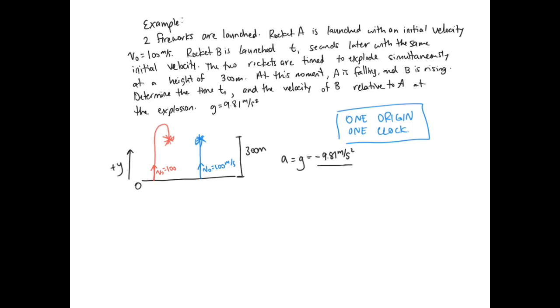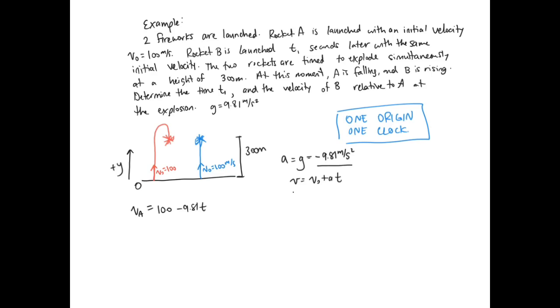So that means that the velocity is going to be equal to v naught plus the acceleration times time. The velocity of our rocket A, VA, is going to be equal to its initial velocity, which was 100, minus 9.81t. The position of particle A can also be determined from our constant acceleration equations.